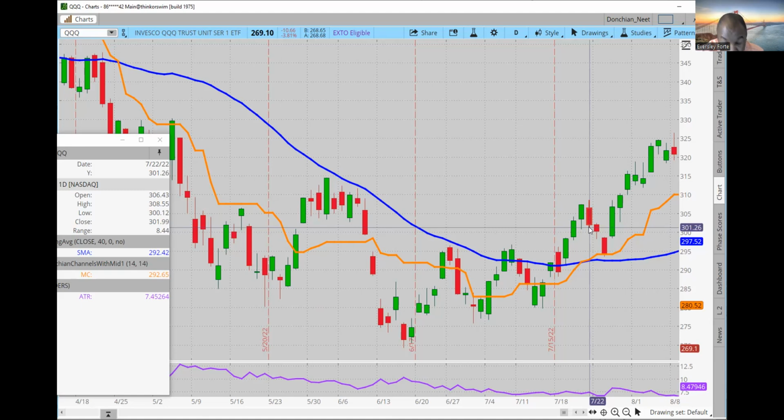Max risk, 2% of your account, no more than 2%. Well, there are situations where you might go more, but 2% is a nice, safe, professional risk level for your account. Meaning if you have a $50,000 account, that would be $1,000 max risk.